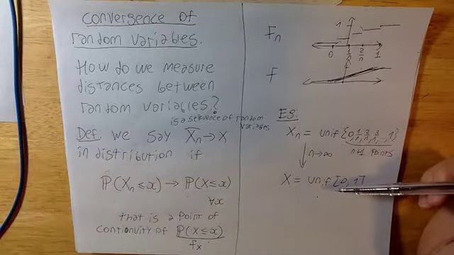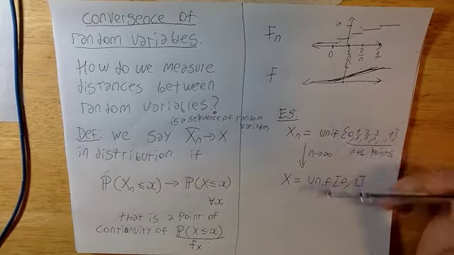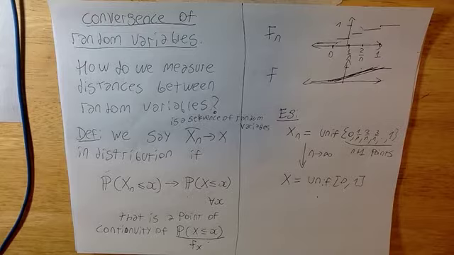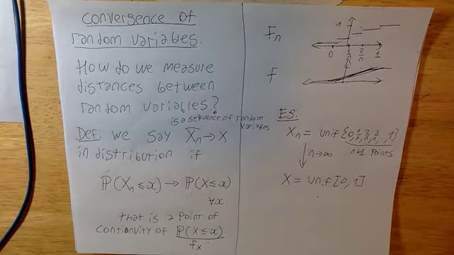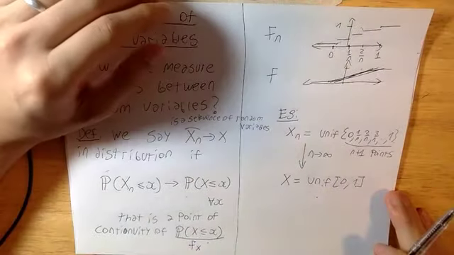We are not going to use this in this class, but it's a good way of saying that this is a really general notion of convergence, so you're not stuck in one of the classes of random variables. Okay, so this convergence induces a notion of distance.